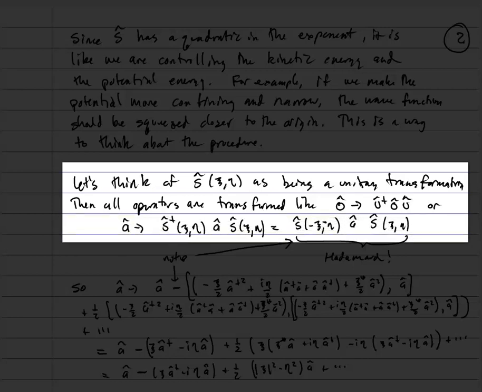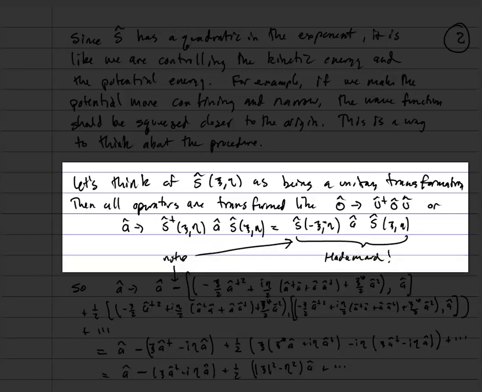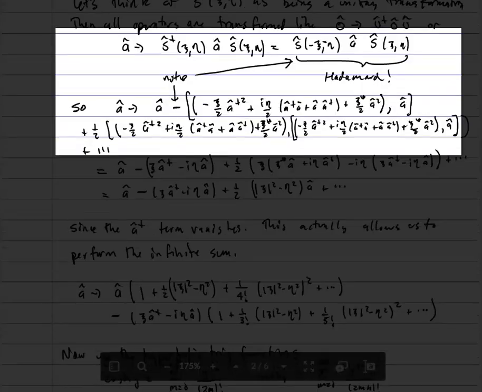So we're going to transform our operator a into S dagger(ξ, η) a S(ξ, η). And because we know that S dagger is the inverse, and the inverse has just the negative parameters, it's S of minus ξ, minus η, a, S of ξ, η. And now you can see that actually is a Hadamard transformation. So let's go ahead and evaluate that Hadamard.